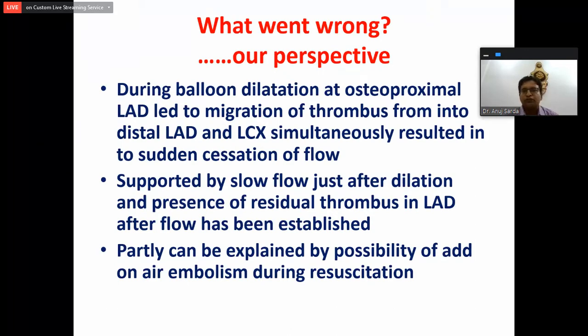This notion is supported by the slow flow just after the dilatation and the presence of residual thrombus in the LAD. And one more possibility we have kept in mind is air embolism, because we found some air during resuscitation.